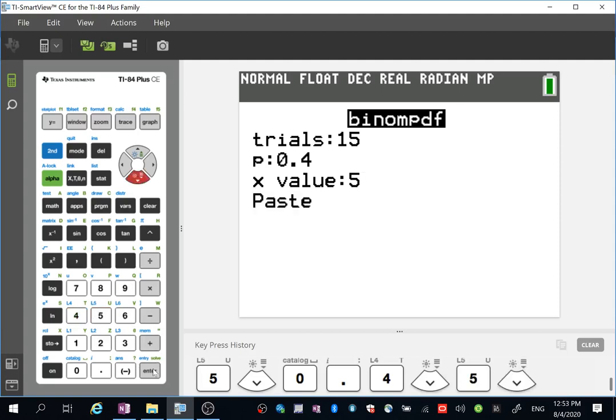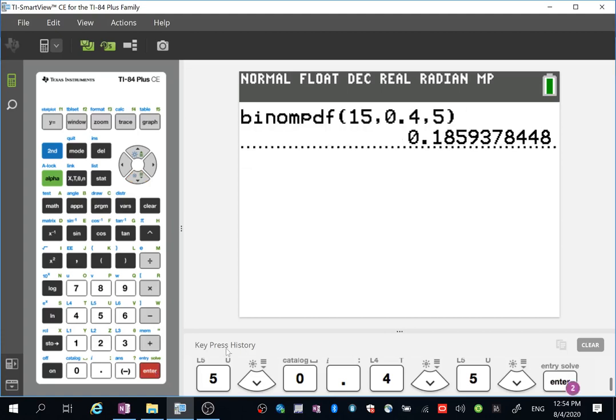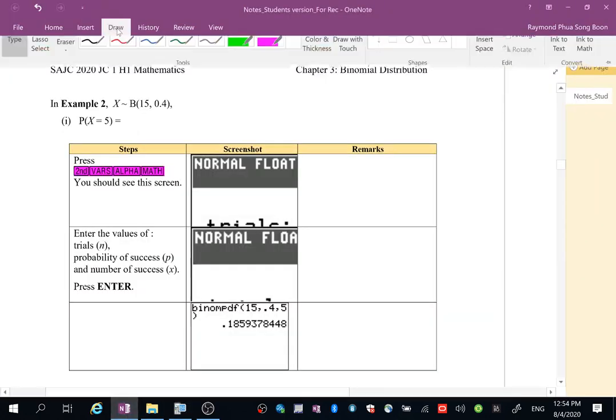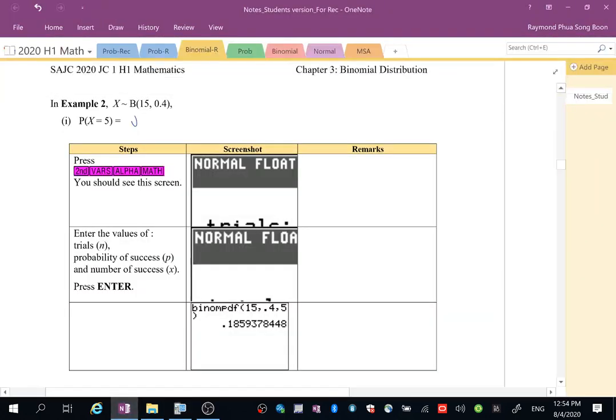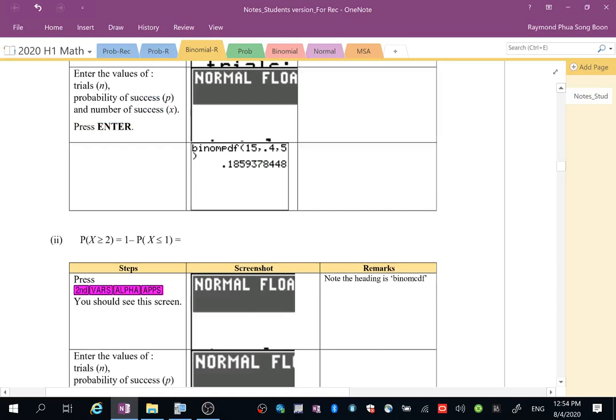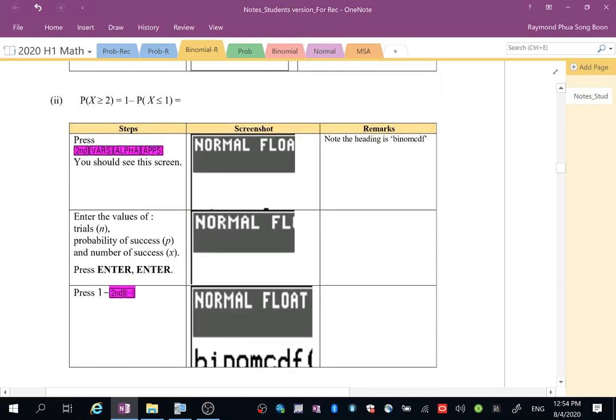Okay, and then you click down, and then you paste, click enter, and click enter again. You can see the answer now. So the answer is 0.186, if you round off to 3SF. Okay, so this is how we use binom PDF to help you calculate when we're finding probability of x equals to a certain value.